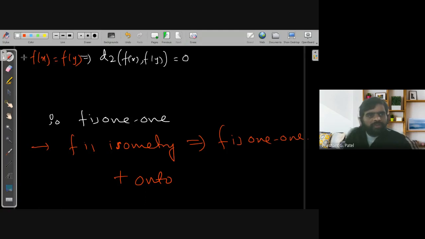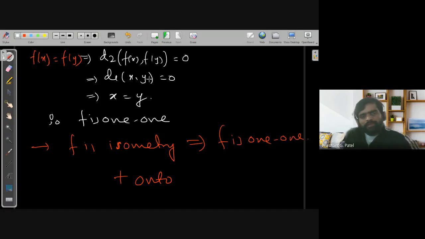This implies that d1 of xy is 0, which implies that x is equal to y. So therefore f is one-one. Okay, now it's correct. This is due to the definition of a metric, this is due to the definition of isometry, and this is again the definition of a metric.